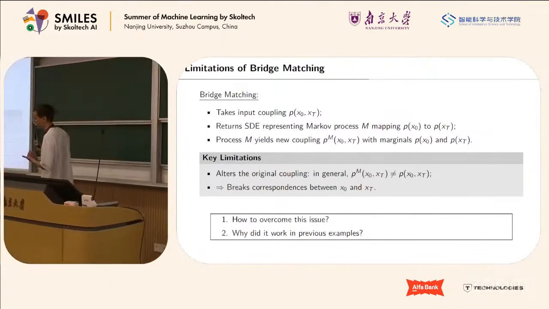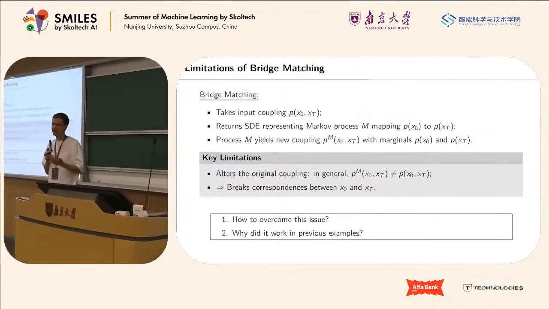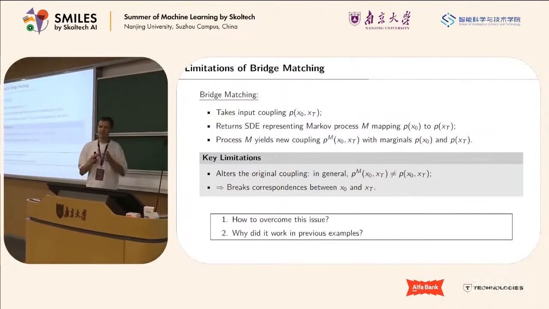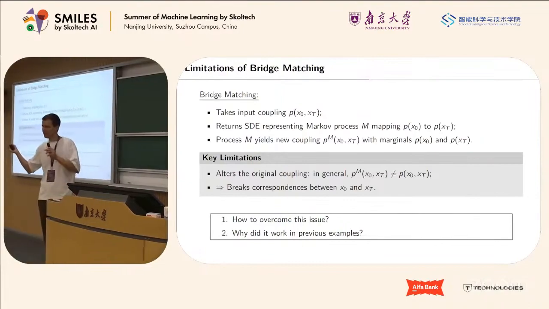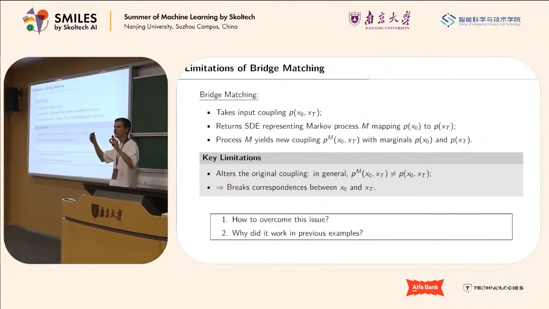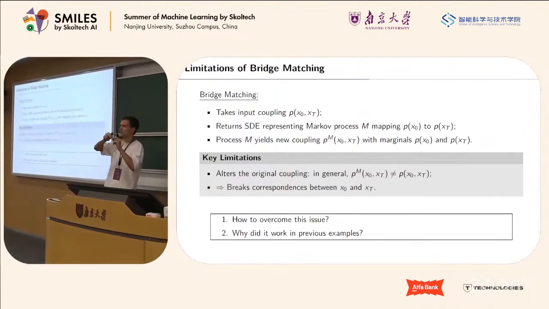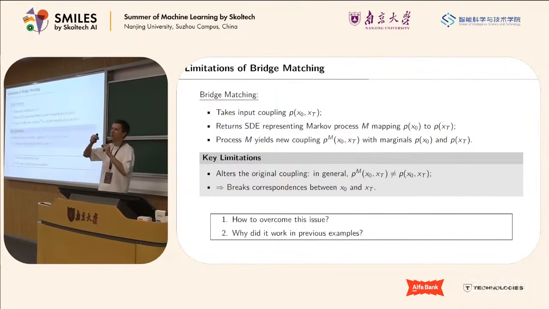Then this projection does not generally guarantee that you will preserve your correspondence between data. What does this mean? This means that, for example, in that previous image restoration problem, if you learn your model on pairs of data, after training, your diffusion bridge model may output not the paired data in the second domain, which corresponds to your input data.